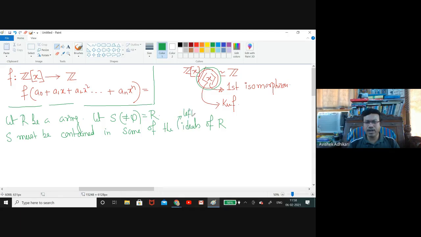The same thing will happen for right ideals, and if we consider both-sided ideals, then it is also true for both-sided ideals.